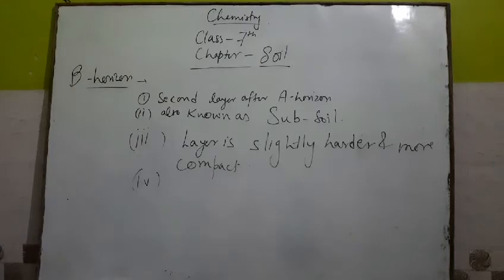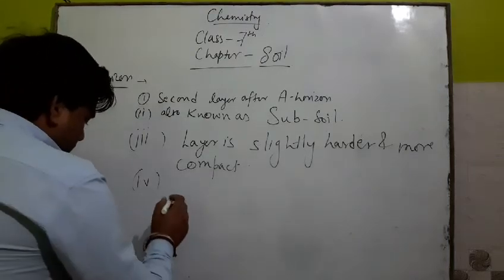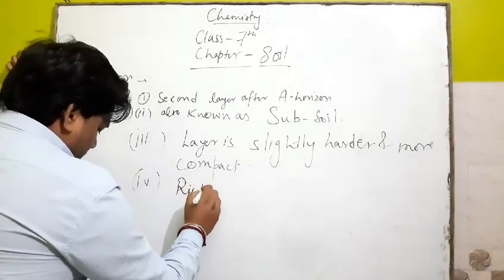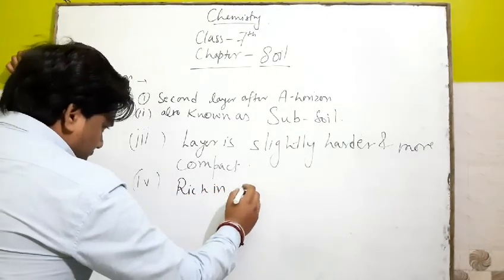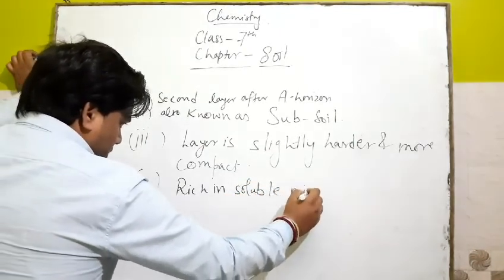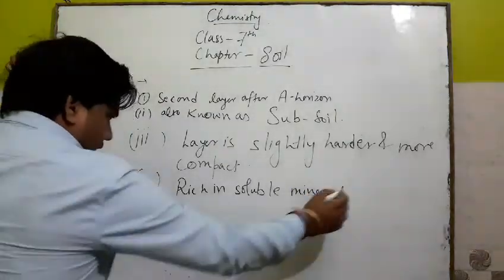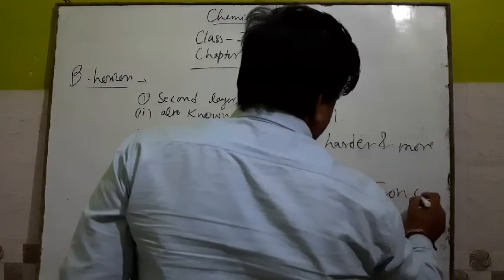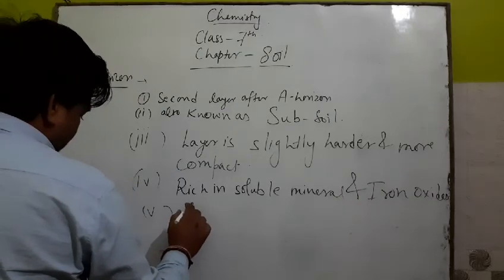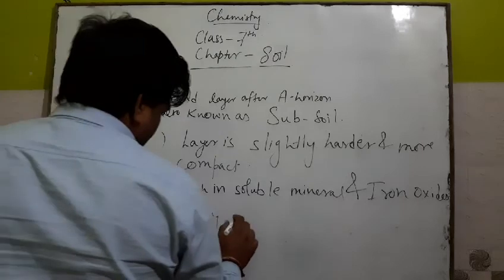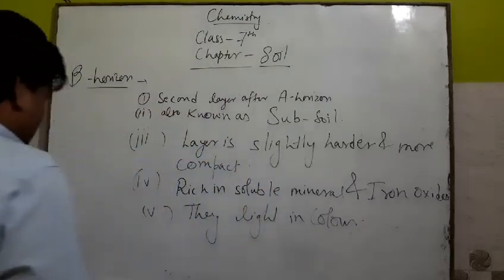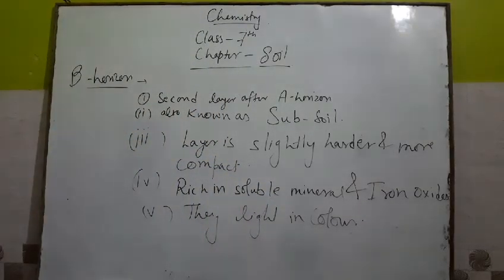And fifth one is the color: they are light in color. Clear? Understood? Okay.